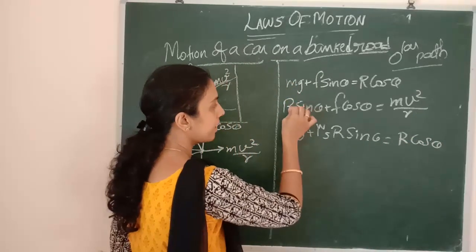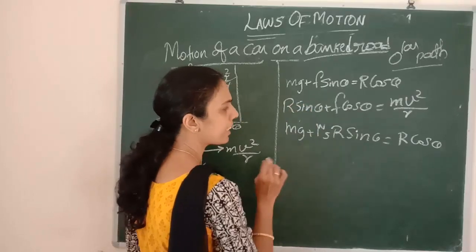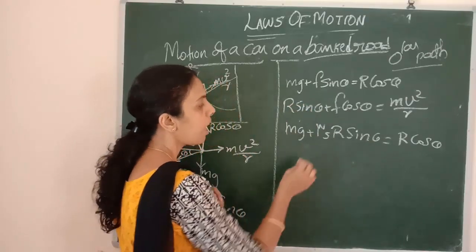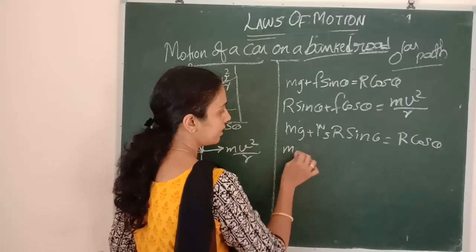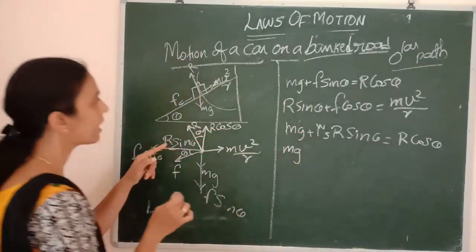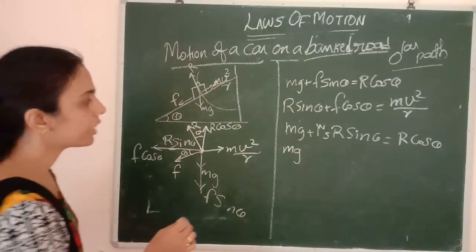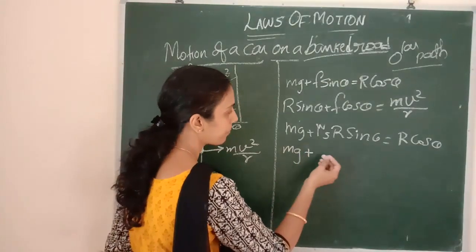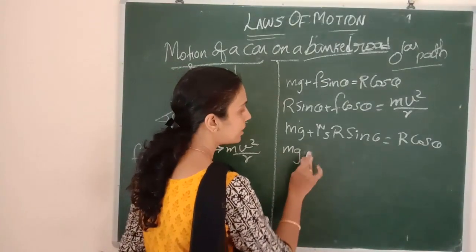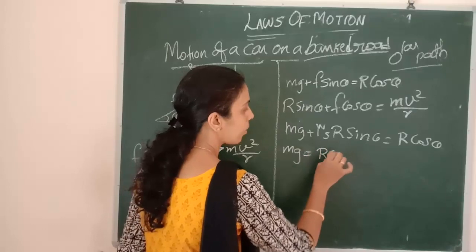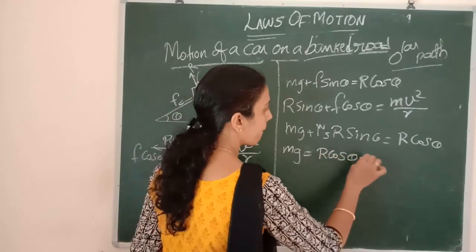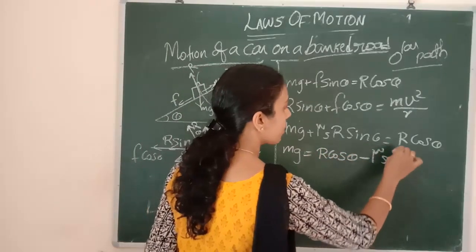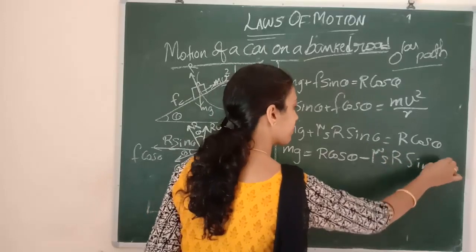So from here I can write down one equation for R. See, mg equals R cos theta minus mu s into R sin theta.